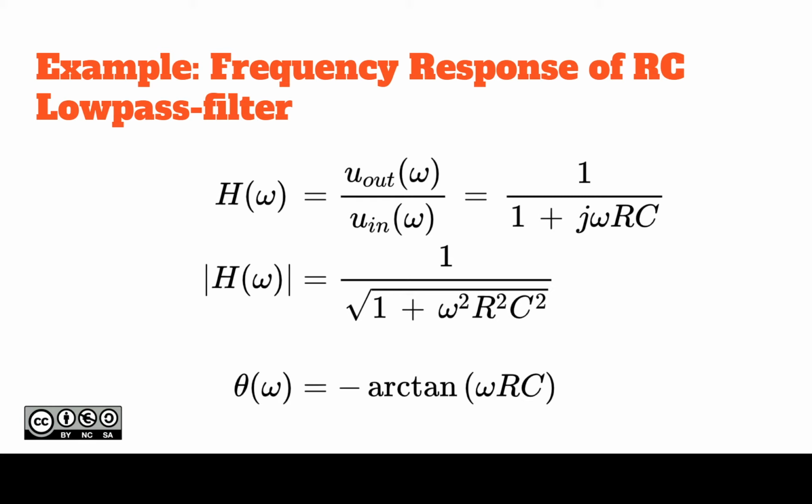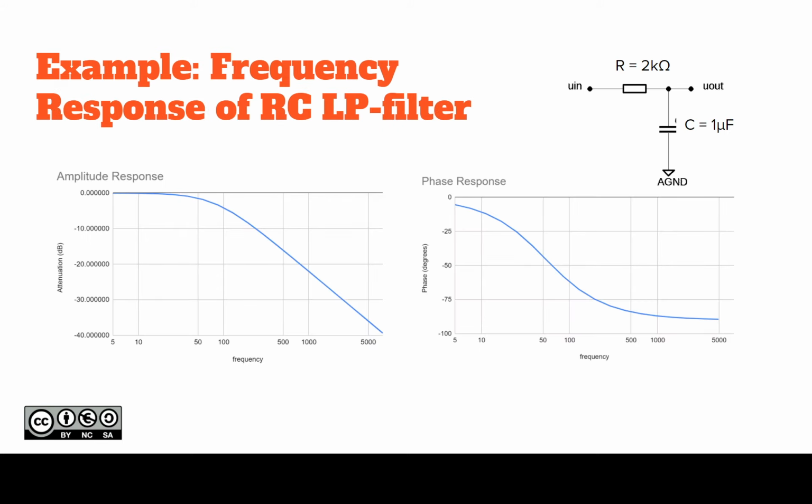So the amplitude response and phase response, just like that. And here we have an example frequency response of an RC low pass filter with those component values. R equals 2 kilo ohms and C equals 1 microfarad.